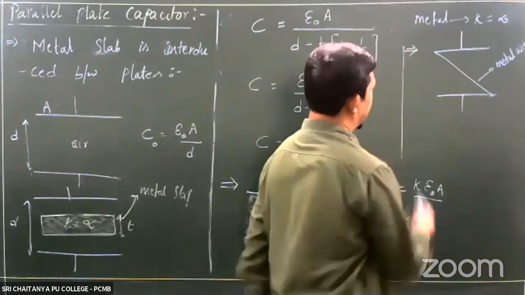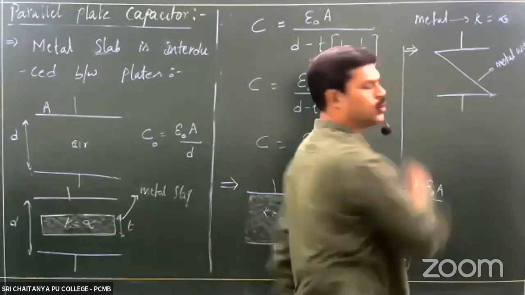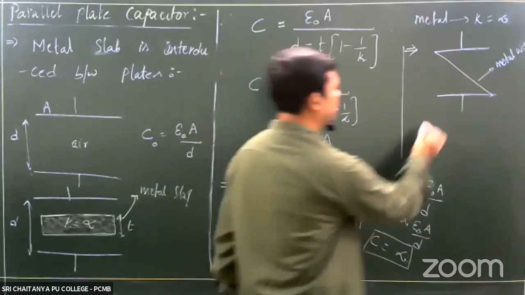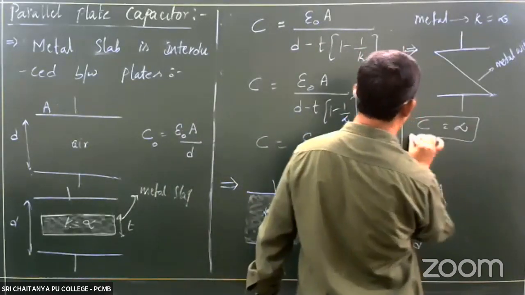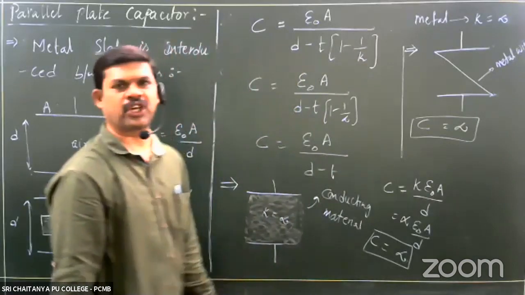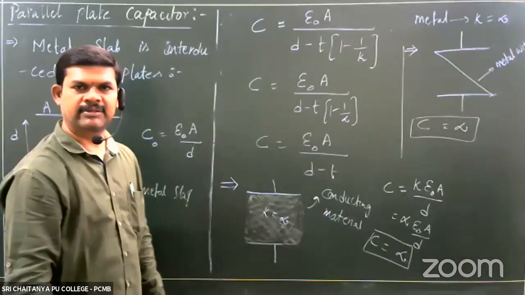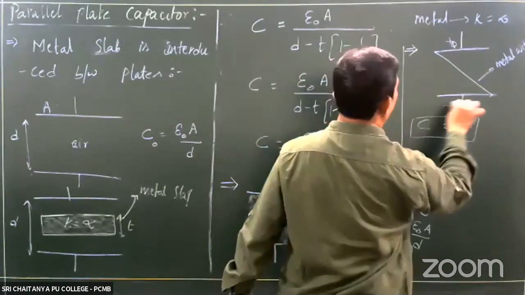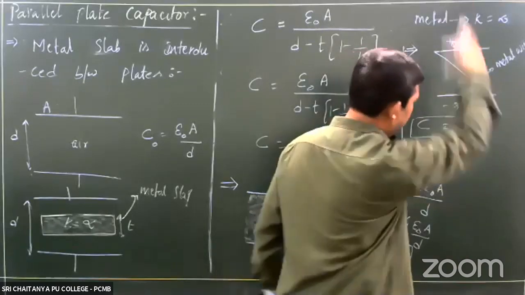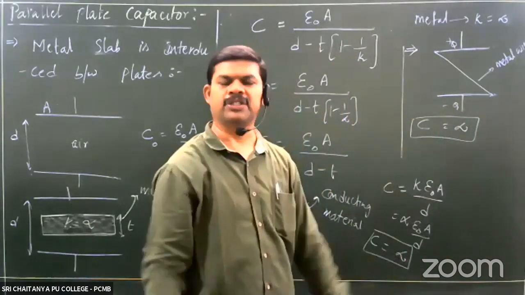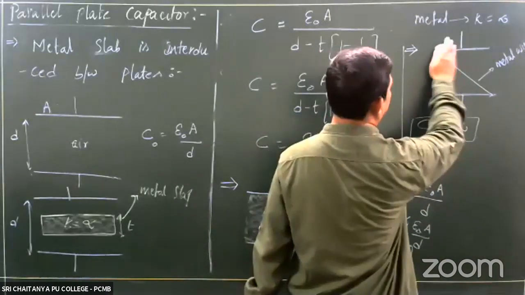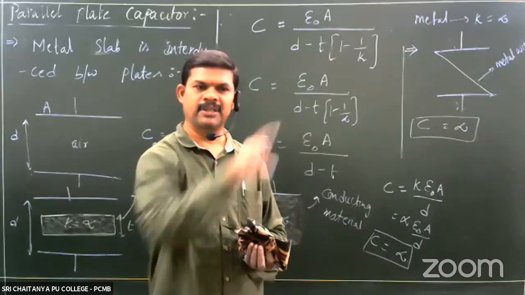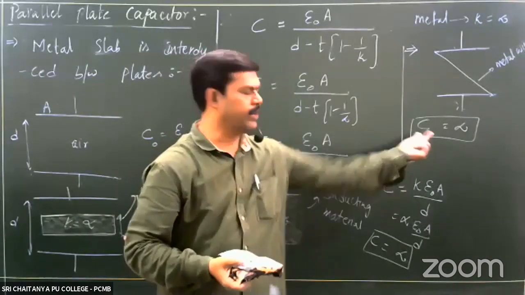It is just like shorting these two, connecting two metal plates. It will no longer be a capacitor. C is infinity. It's just like a conductor. Two metal plates are shorted. This is metal. This is metal. If I give positive charge, if I give negative charge, simply they flow and neutralize. It is not at all a capacitor. It is just like a conductor. There is no potential difference. Like a metal wire. Infinity. Right?